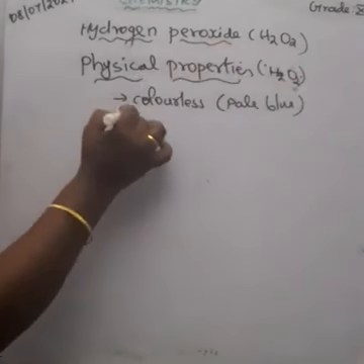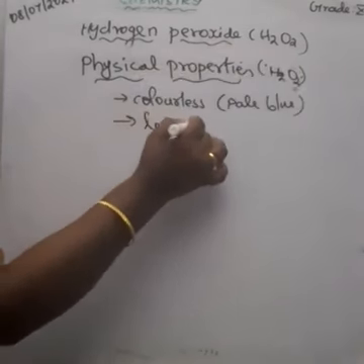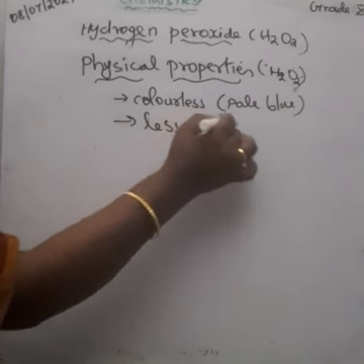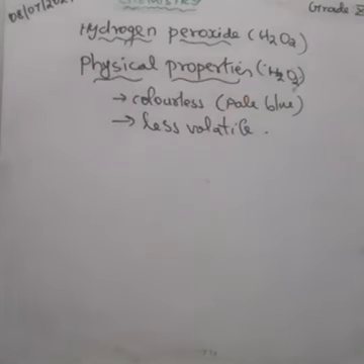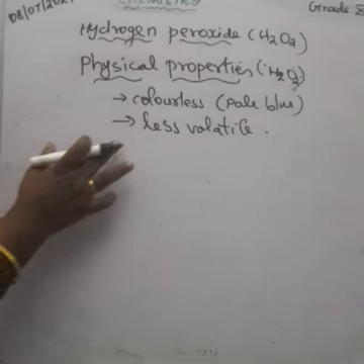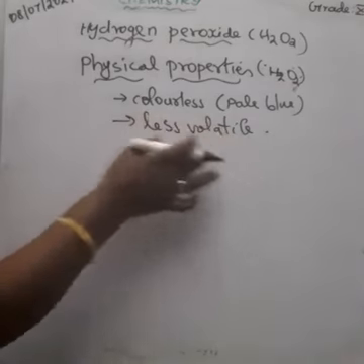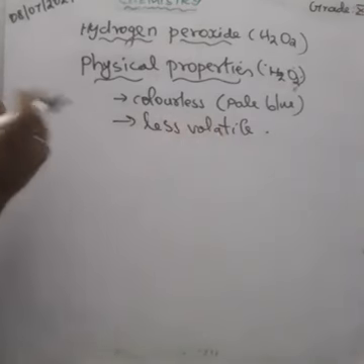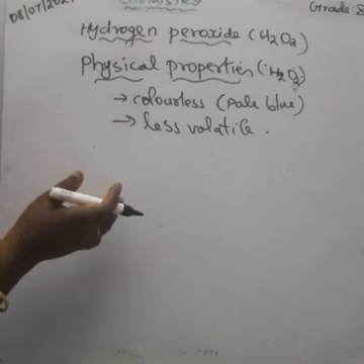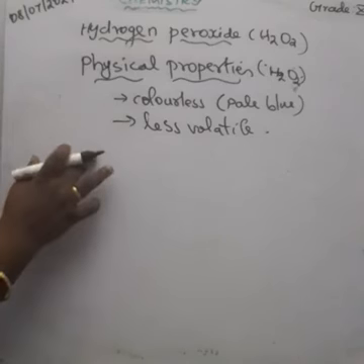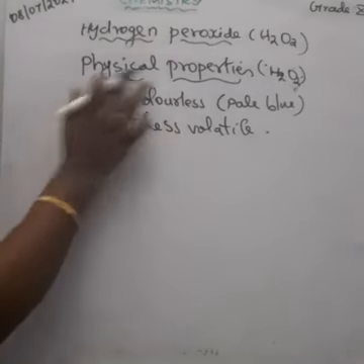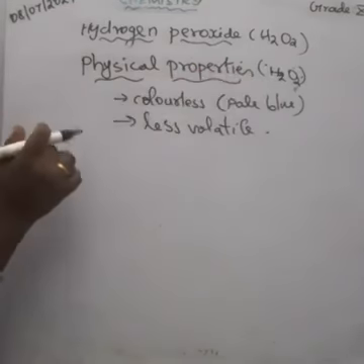What do you mean by volatile? When we boil water, the hydrogen and oxygen are highly vaporized, evaporating as vapor. That is called volatile. But hydrogen peroxide is less volatile. This is the second property.